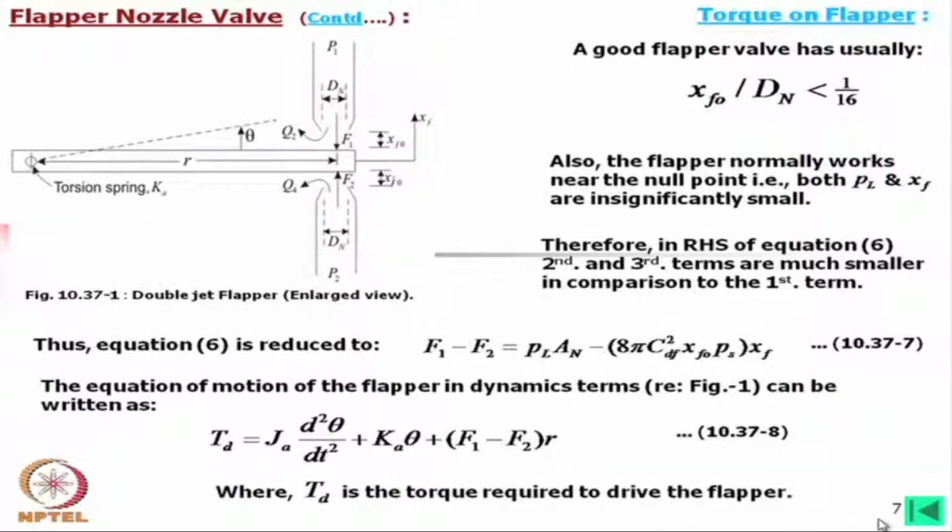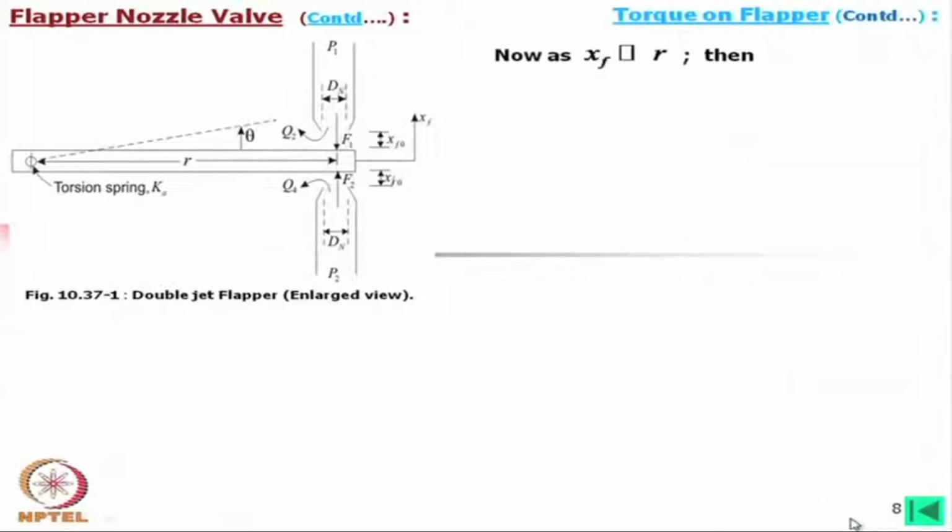Where T d is the torque required to drive the flapper. Now, as x f is much less than r f, there is some problem with this compatibility.